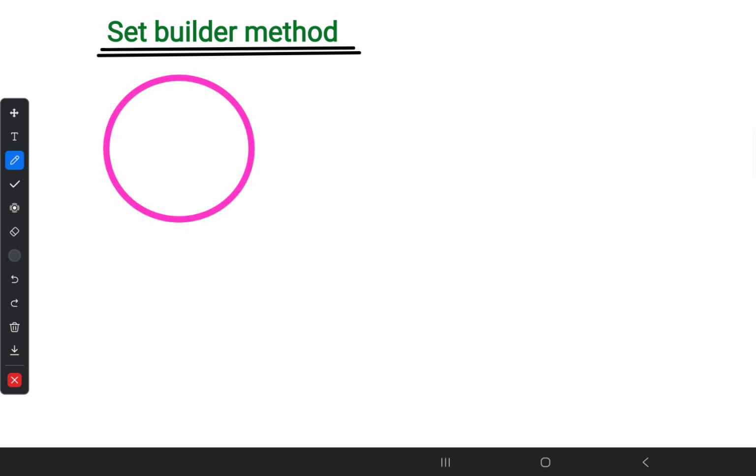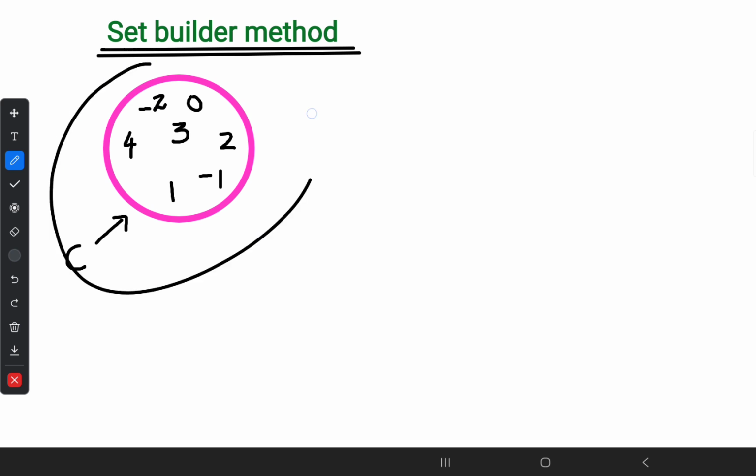The third example would be a Venn diagram. This is our Venn diagram C. This is denoting the numbers 4, 3, 2, 1, 0, -1 and -2. Okay, this is our question. So we are going to show the characteristics of the solutions for this particular set.